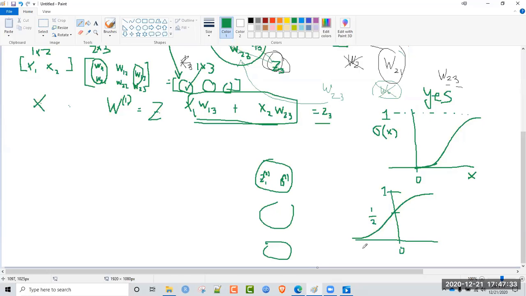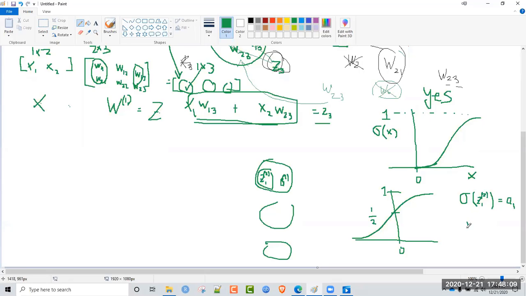Okay, does everyone understand that? So we have a curve like that. It's called sigmoid. And what we do is we just take this value and put it into sigmoid, and that's what we mean by this A. So if I take sigmoid of Z1, and I guess I should put the 2 up here, that is going to give me A1.